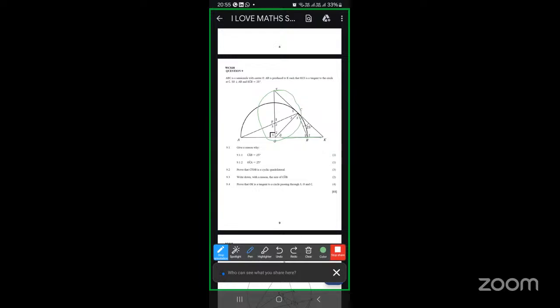So how do you think, guys, we are going to show that this is the tangent to this circle? Let me make it a little bit neat.